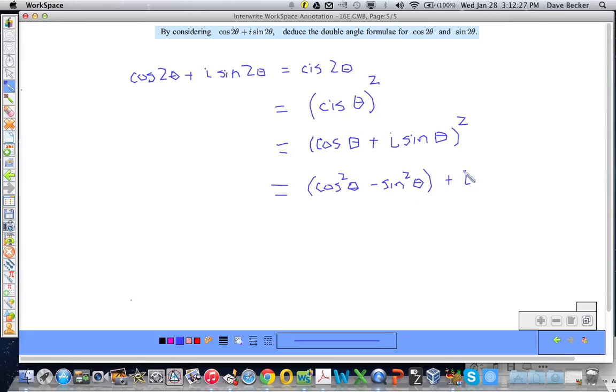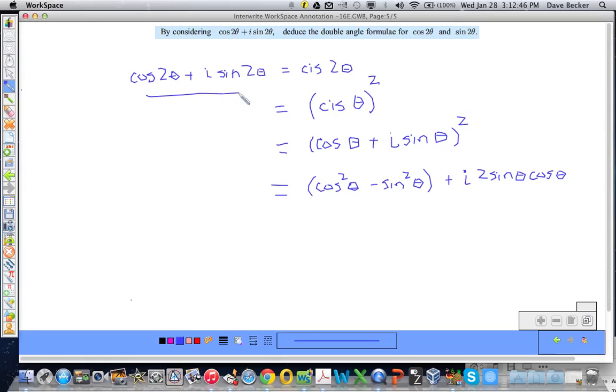Plus, you should be able to see this, plus i 2 sine theta cosine theta. So we have our real and our imaginary parts separated quite nicely. And then we're going to equate the real and imaginary parts because all of this is equal.